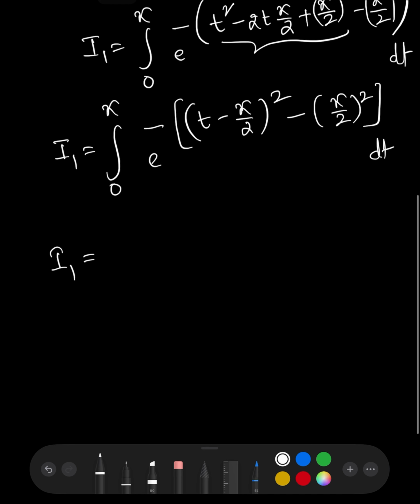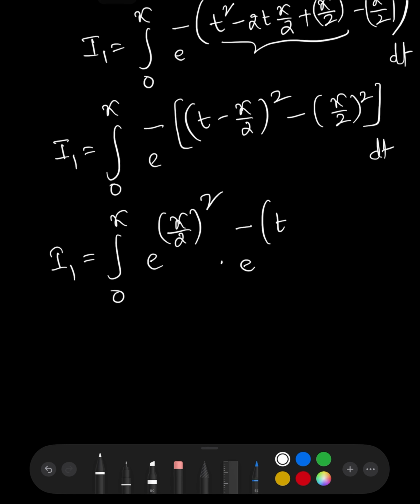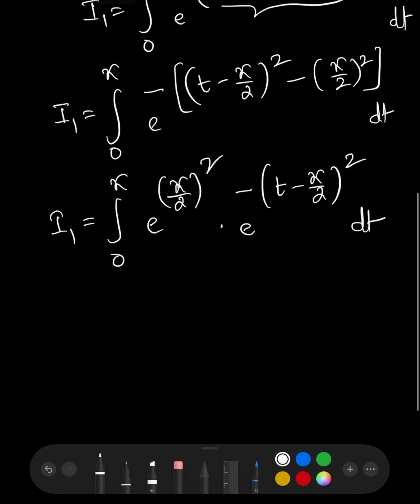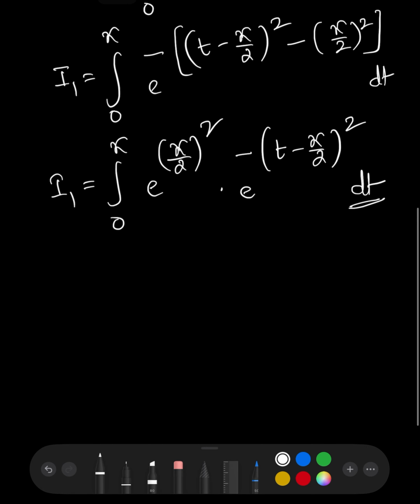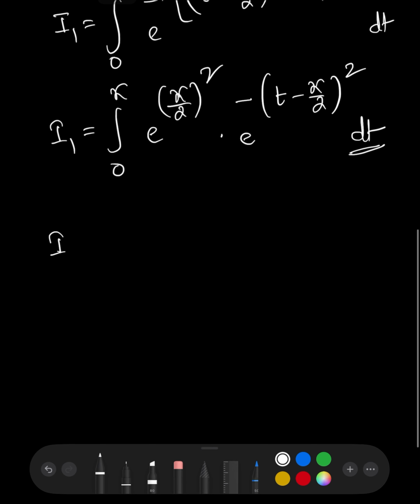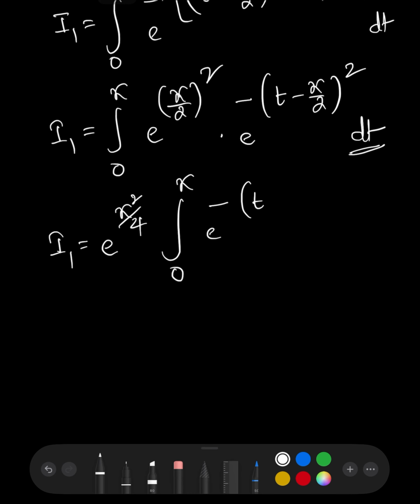If you multiply with the minus, that becomes e^((x/2)²) times e^(-(t - x/2)²) dt. Since e^(x²/4) is independent of the integration with respect to t, I can write it outside the integral: e^(x²/4) times the integral from 0 to x of e^(-(t - x/2)²) dt.